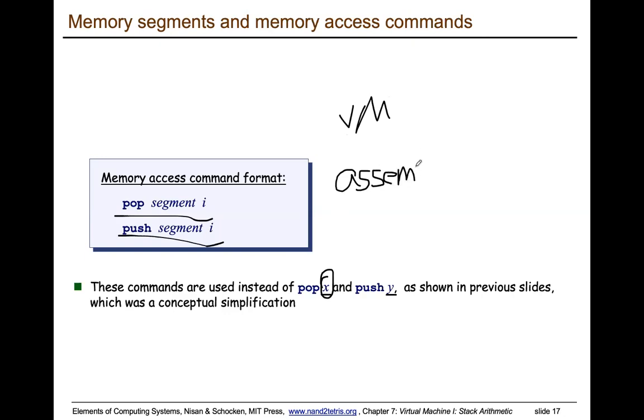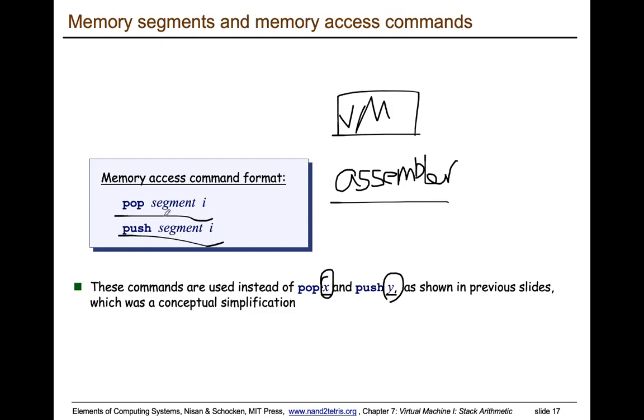Where we do this variable memory assignment is at the assembler, which is lower than the virtual machine. So at the virtual machine level, it doesn't know where X is, where Y is. If you do pop X or push Y, it becomes a problem for the virtual machine to generate assembly code.